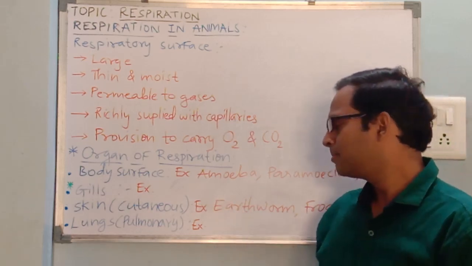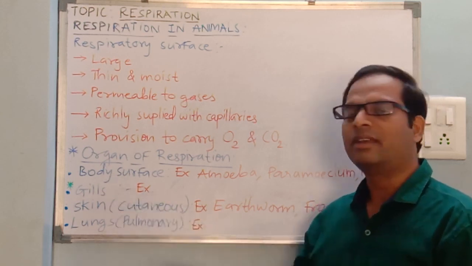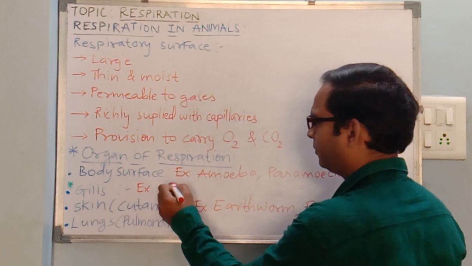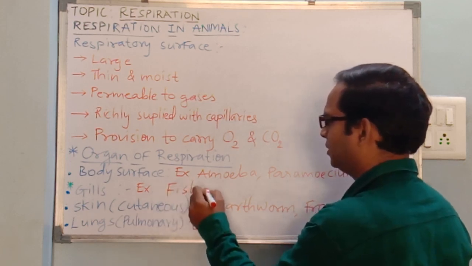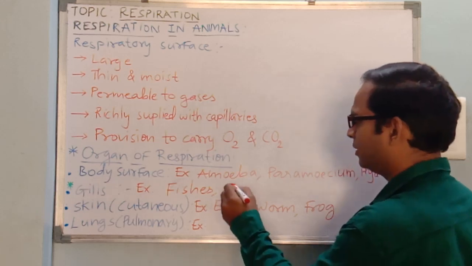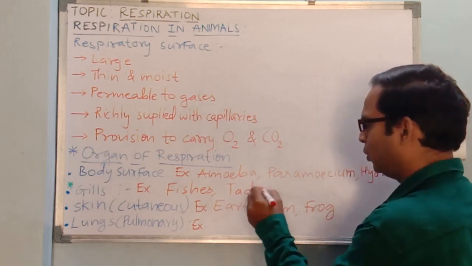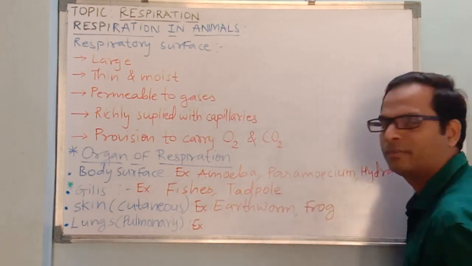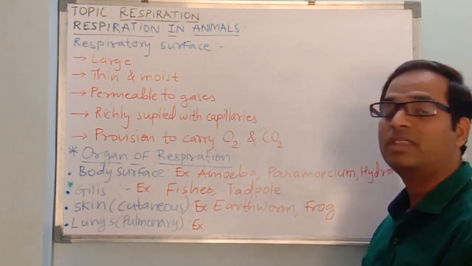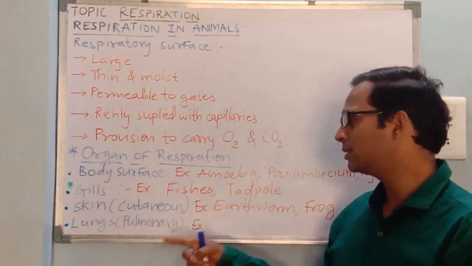Now, gills are the respiratory organ we all know about in fishes. Not only fishes, it is also the respiratory organ in the tadpole of the frog. Tadpole is the young one of the frog, so it respires with the help of gills.